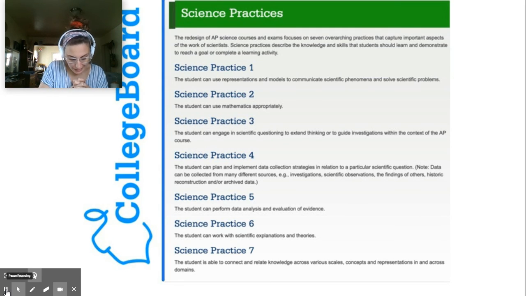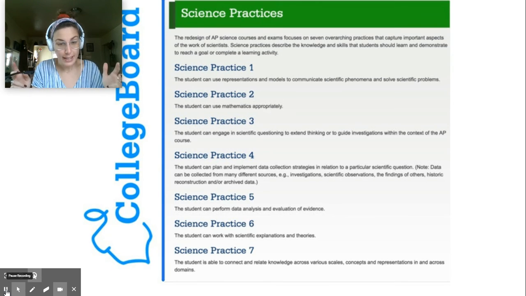Number 4, collecting data. Number 5, analyzing and evaluating our data. Number 6, justifying conclusions and theories and evidence to support a claim. Okay. And then finally, number 7, expanding understanding and connections.